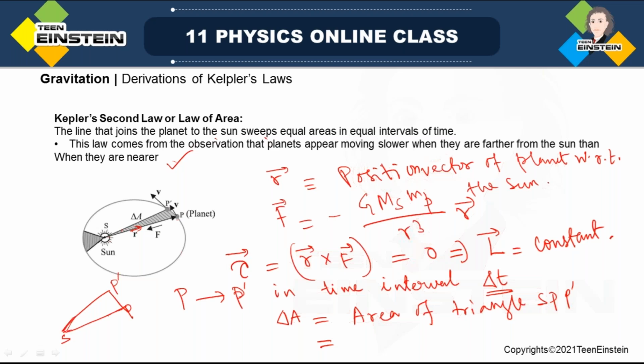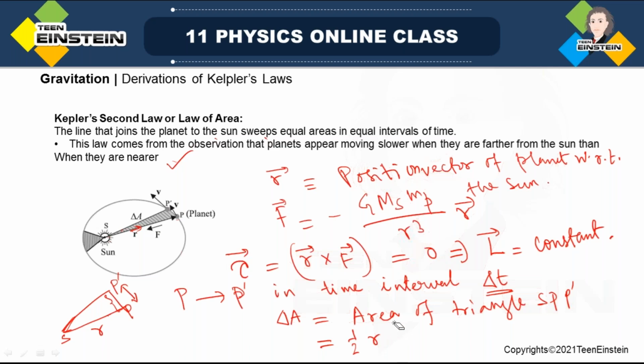So how do you get it? Look, this is r. This we can treat as height. This may not be a straight line here, but since the delta t time interval between P and P prime is very, very small, P P prime can be taken as a straight line, not an arc. So the area is half into base into height. This height we have to find out.